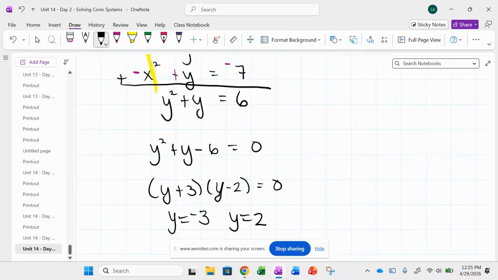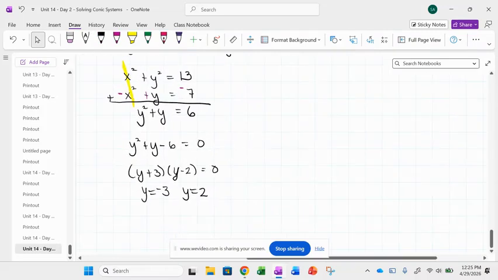Am I done? No, why? We have to find the corresponding x coordinates. So right now, it's on track to think that we have how many solutions? 2. But that does not mean that we will actually have 2 solutions. Let's see what happens.